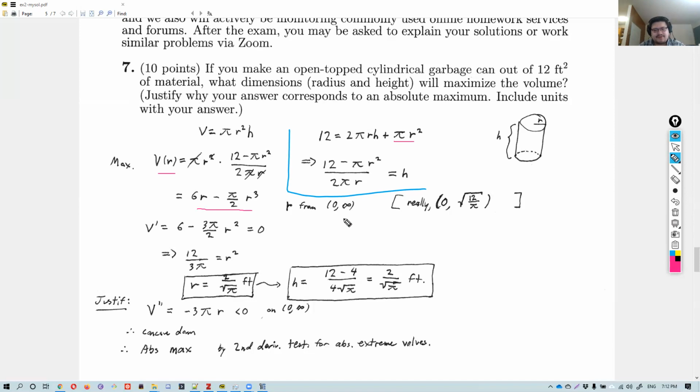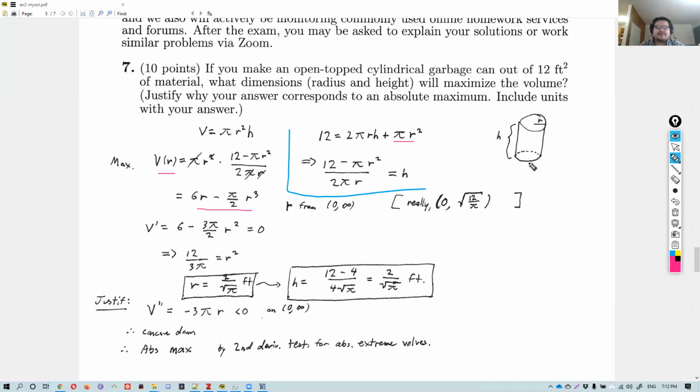If you try to set r equal to 0, it's like saying you're trying to make all of the 12 feet squared surface area be the side area.